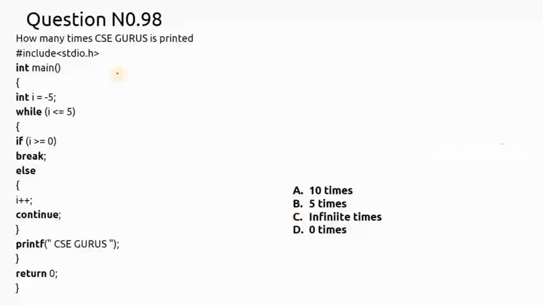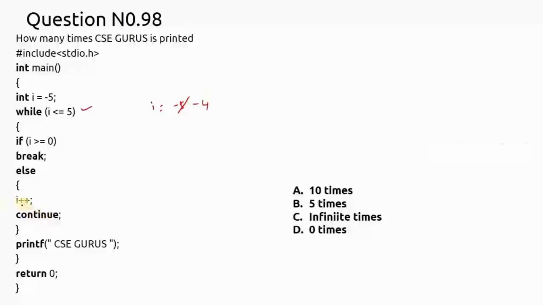Question number 98: how many times is CS Gurus printed here? In main, I equals -5 initially. -5 is less than or equal to 5. Yes, this is true, so it goes into the while loop. Is -5 greater than 0? No, that's why it goes directly to the else part, I plus plus. So I value from -5 is incremented to -4.